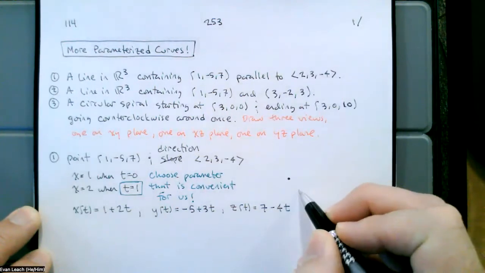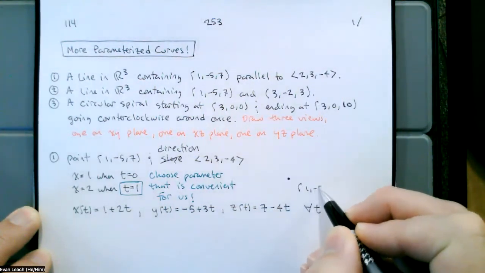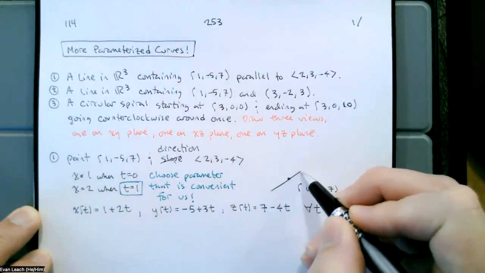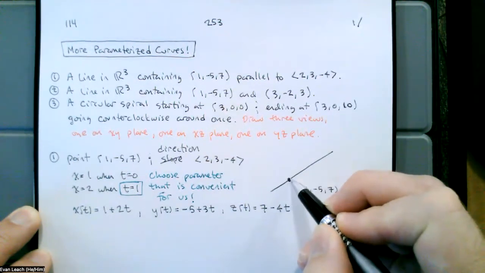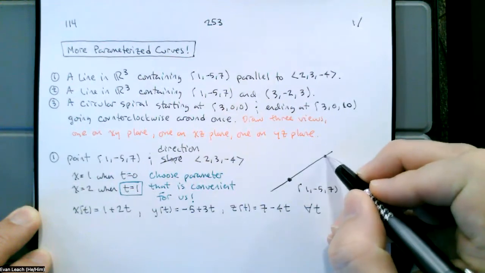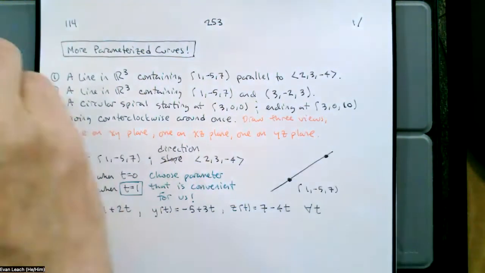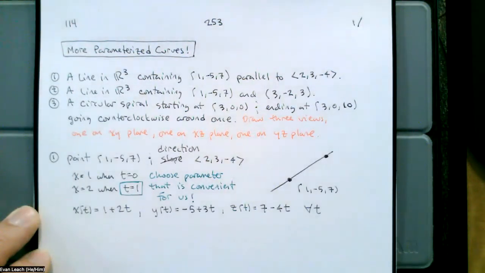So here we are at the point 1, -5, 7. We're drawing this line. This direction here is going to be my 2, 3, -4.